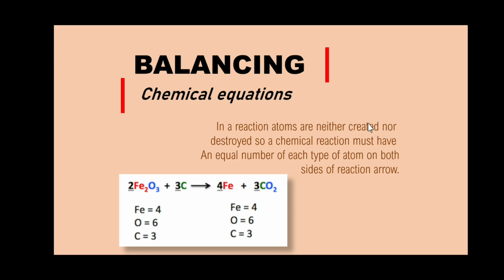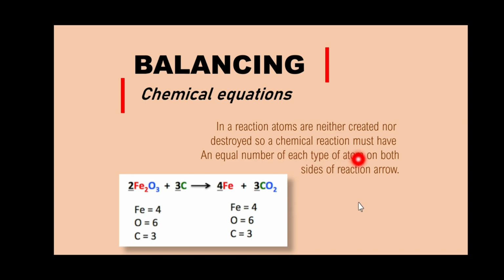Dear student, how can we balance the chemical equation? On which principle does it depend? In a reaction, atoms are neither created nor destroyed. This is the principle on which the process of balancing the chemical equation depends.